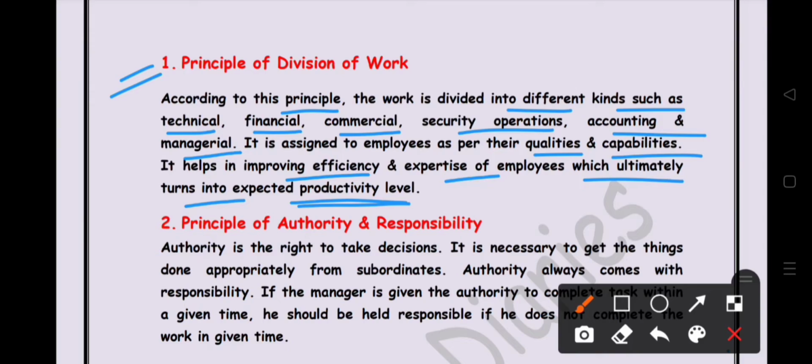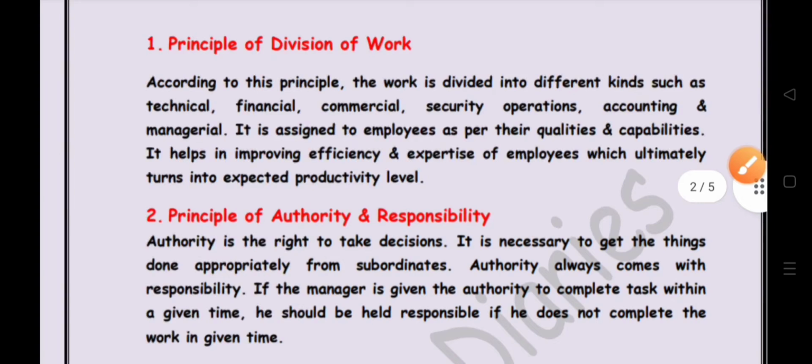So this is the division of work. If we divide work into different sections, those particular divisions and employees can work efficiently on their activities. So division of work will give the efficiency which will help to achieve our ultimate goal.